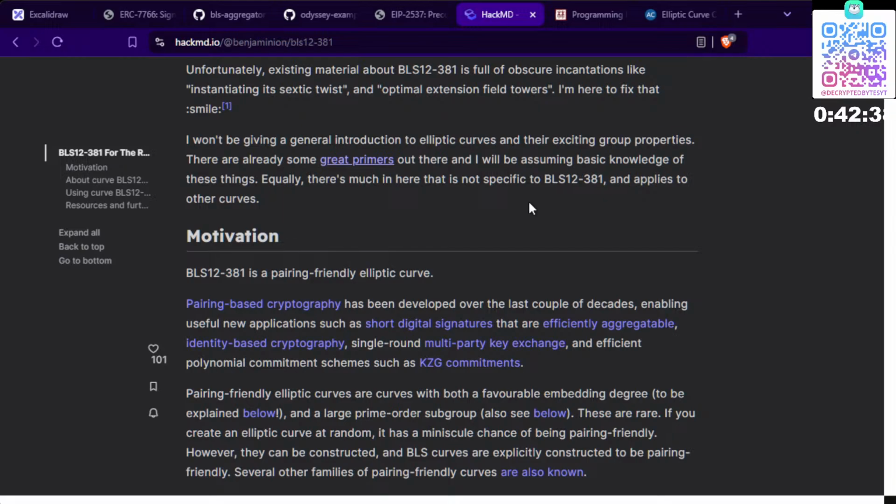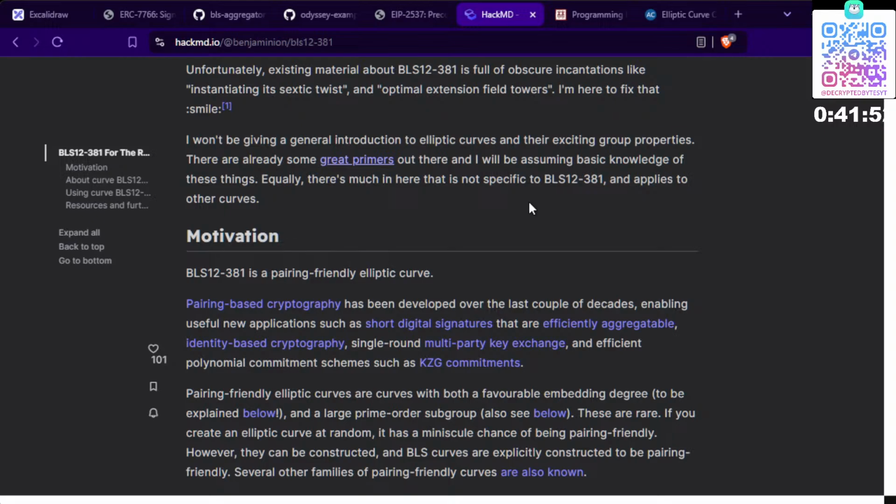Pairing based cryptography has developed over the last couple of decades, enabling useful new applications such as short digital signatures that are effectively aggregatable, identity based cryptography, single round multi party key exchange, and efficient polynomial commitments such as KZG commitments. I can't pronounce that quickly.